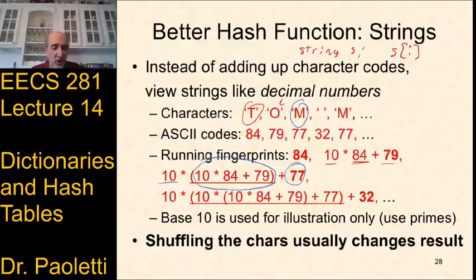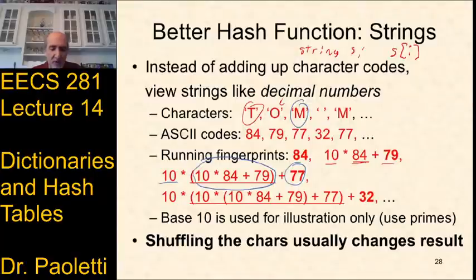Shuffling the characters will usually change the result. So all of our examples before, spot and post and pots and stop, all of those would produce different integers. Now, it says here base 10 is used for illustration only. We should use primes.